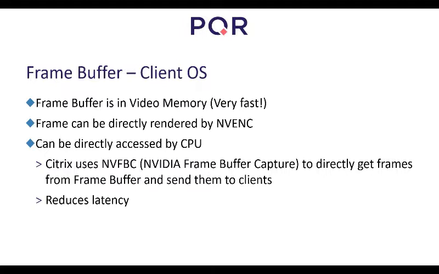It's utilized by Citrix with NVFBC, NVIDIA Frame Buffer Capture, or DD API, Desktop Duplication API from Microsoft, to directly get the frames from the frame buffer and send them to the clients. And this really reduces the latency.